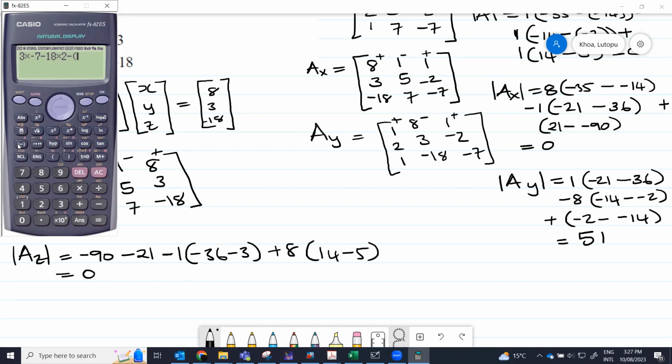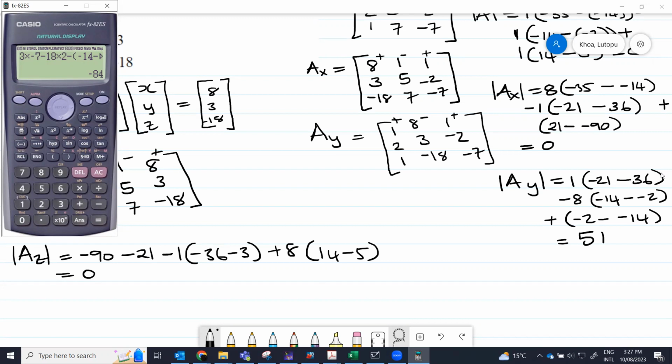We have minus 14 minus negative 2, plus negative 18 times 2 minus 3 times 1. Okay, this time I'm getting minus 84.